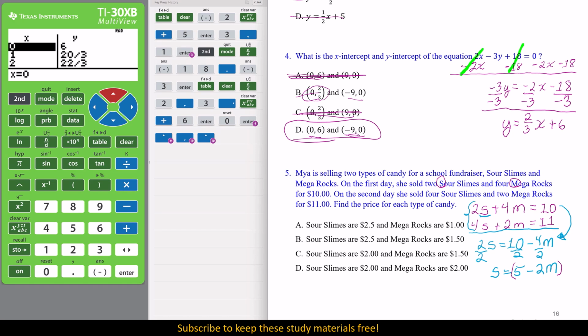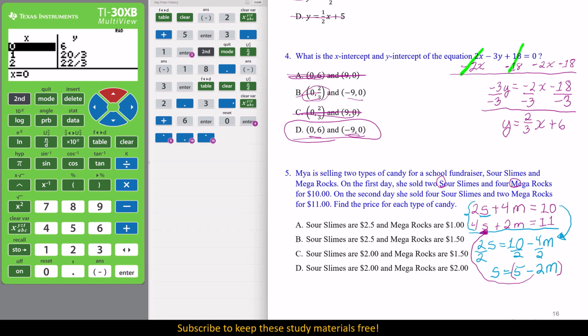Now we can use the calculator. We will take this and put it in for S. So let's see here. I'm going to take all this and I will put it in for S. But what do we really need to put in the calculator? This is what we need.